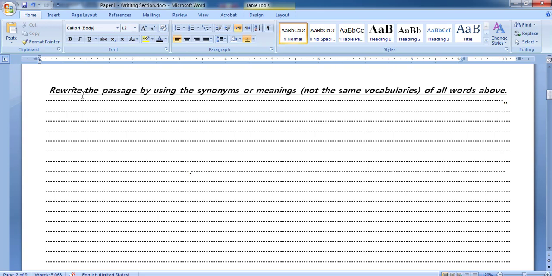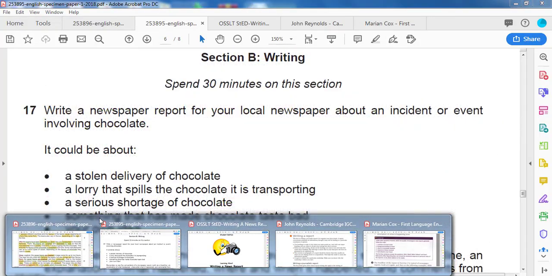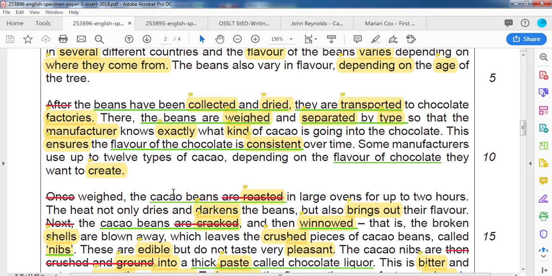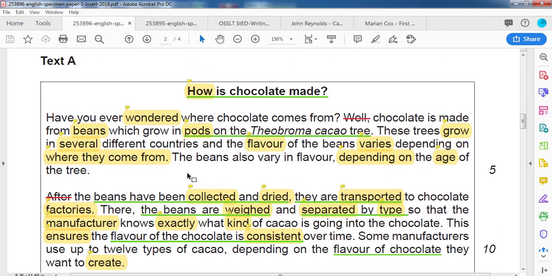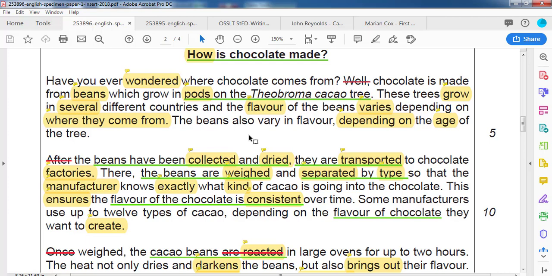And again, I'm insisting on letting your students rewrite the passage by using the synonyms or the meanings of the words which we try to extract from the text. Try to use the meaning of the words and reproduce the text. This is a very good exercise to enhance your students' writing skill, as they give you the text to benefit from.